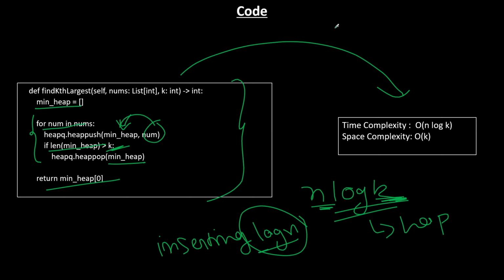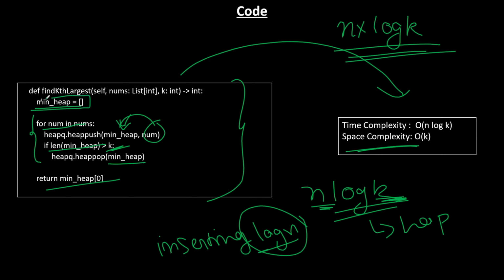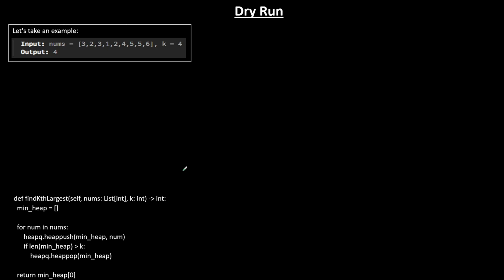The traversal of the complete array takes n time, and log k is the cost of popping or inserting. Space complexity is O(k) because in the list we are storing at most k elements. So I hope you understood the time and space complexity. It was pretty easy to understand. Let's move to the next slide.